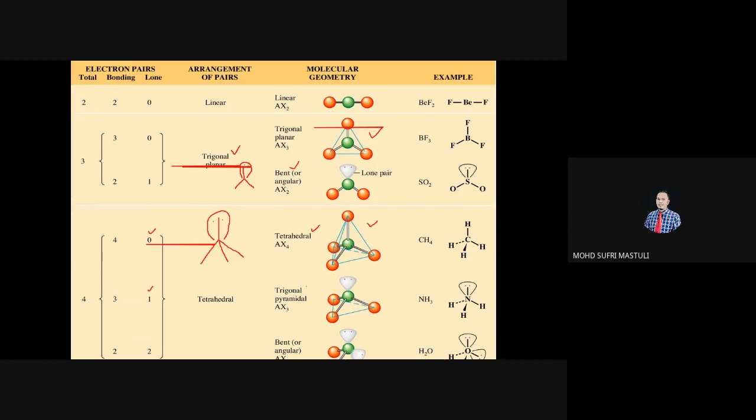So the name is trigonal pyramidal, like this. If we have an electron domain of 4 with two lone pairs, 2 plus 2, another lone pair in here. So the molecular geometry is bent, like this. So the number of lone pairs, 1 or 2, will change the final molecular geometry.